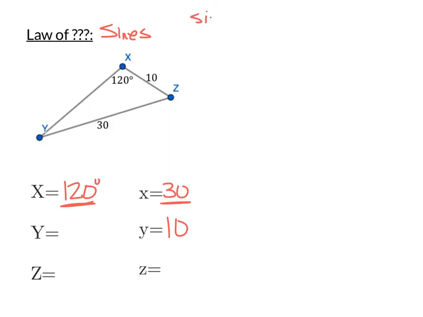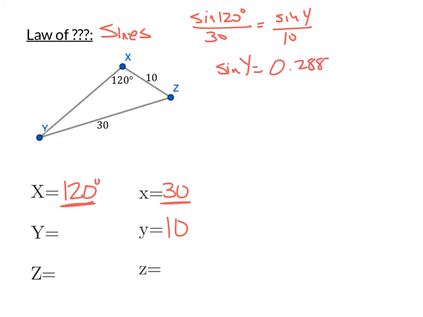That being sine of 120 is related to 30 in the same way that the sine of y is related to 10. So we go ahead and multiply both sides of the equation by 10, and we'll get that sine y is equal to 0.28867.